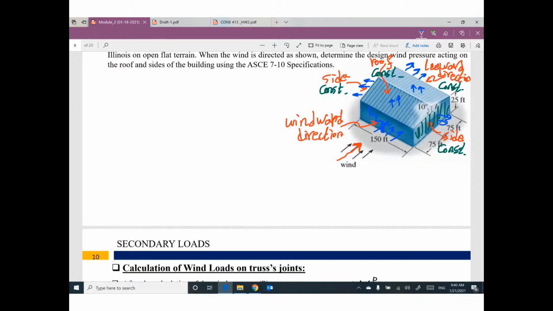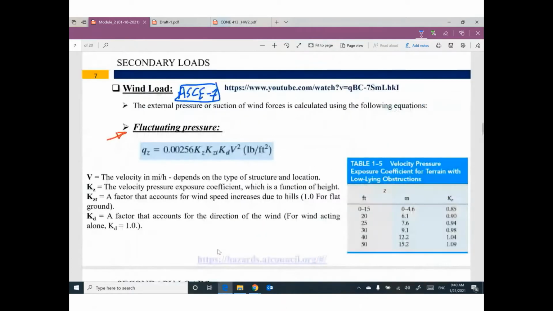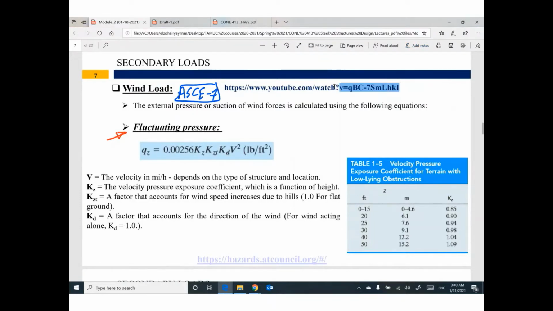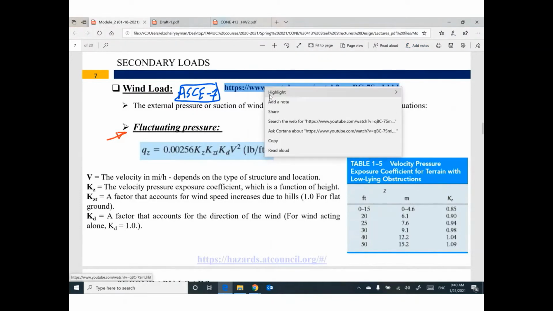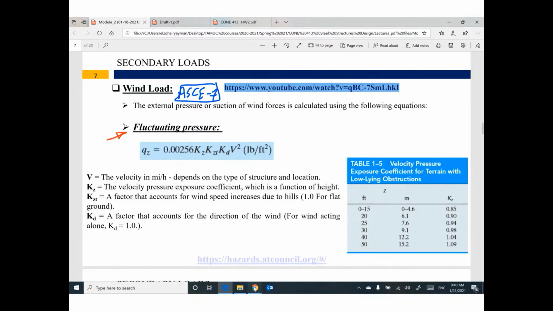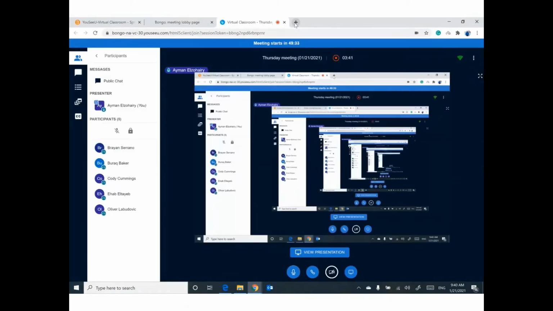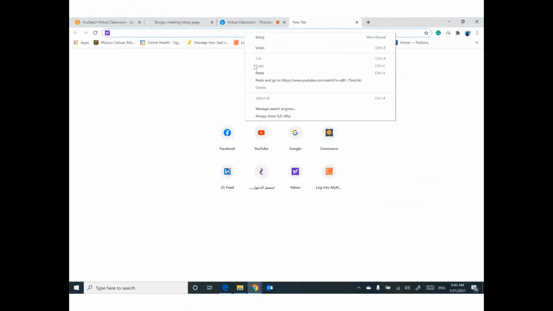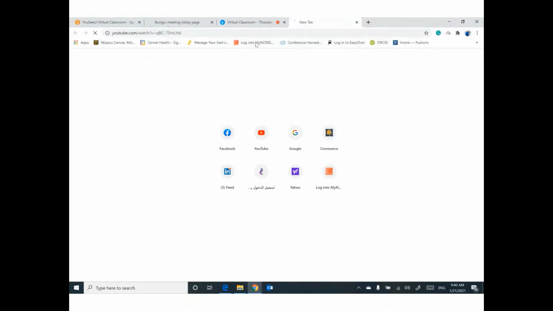So if you watch this video about the effect of the wind load, you can understand which side is under suction and which one is under compression. Let's do it.